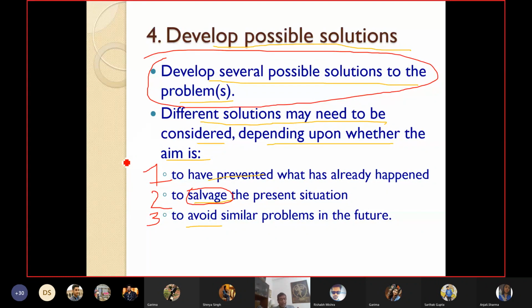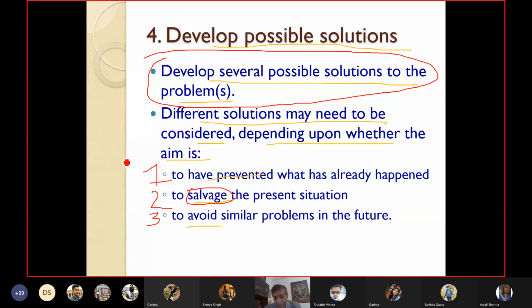And third, to make sure the same problem doesn't happen again, so we prevent and avoid similar problems in the future. That is point number 1, 2, 3, depending on what you are aiming to achieve.